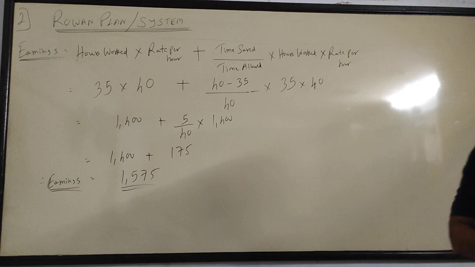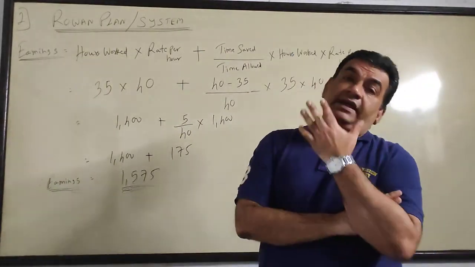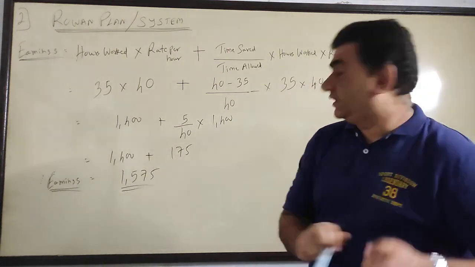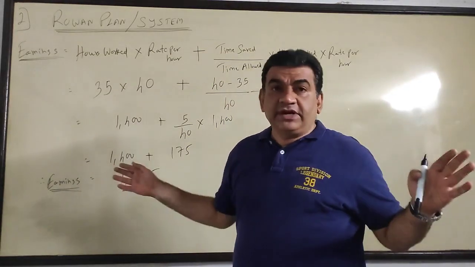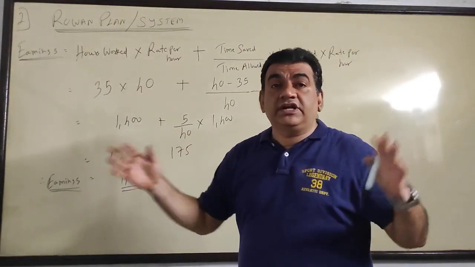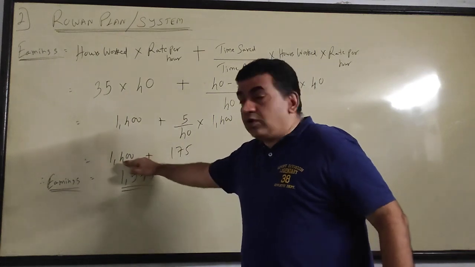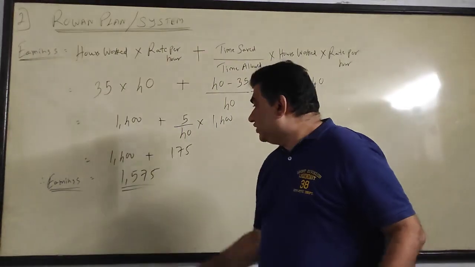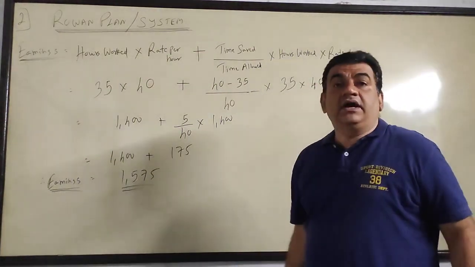I'll repeat, in Rowan system the total earnings for the worker, as I mentioned earlier, expense for us will be income for the worker. 1400 normal earnings, whatever he produces, if he has worked 35 hours then we have to pay him for 35 hours at the rate of 40. So normal earnings plus the bonus gives you total earnings of 1575.